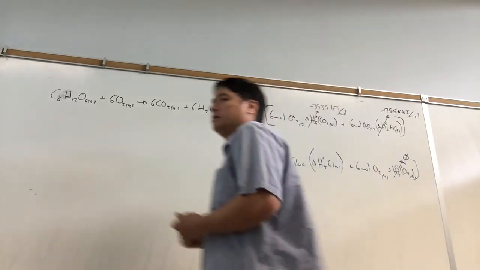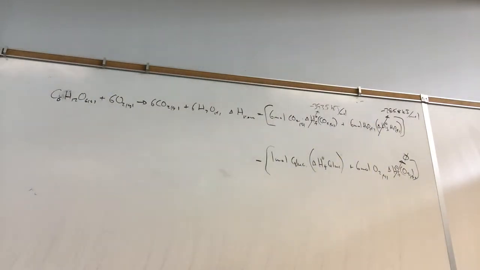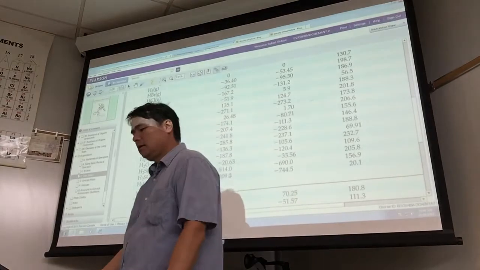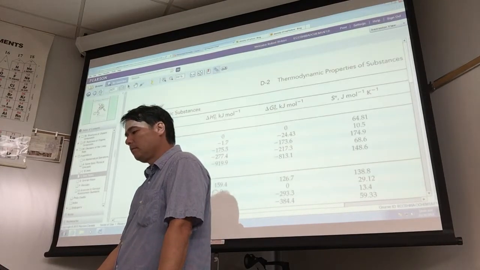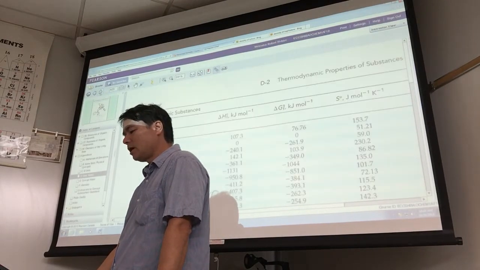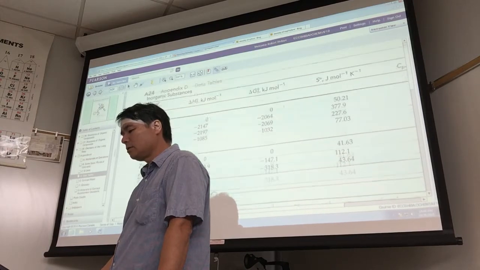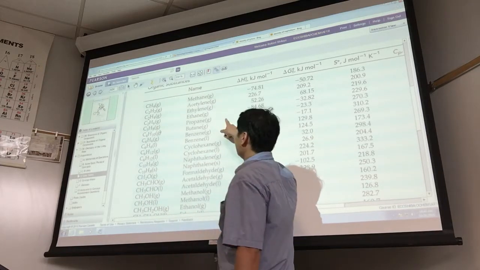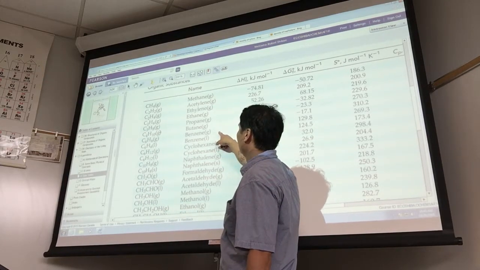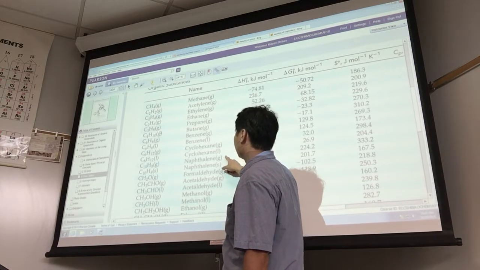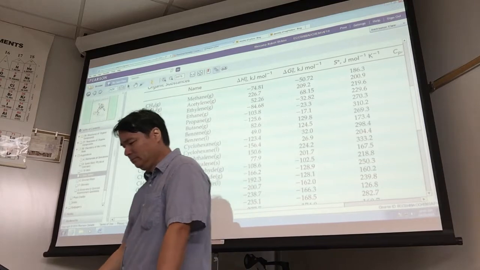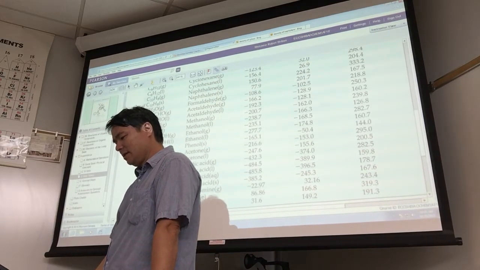And then glucose. Glucose would be carbon, but this table's divided. At the end of this table, they have some organics. Glucose is an organic, so let's look for the organic substances here. Methane, acetylene, ethylene, ethane, propane, butane, benzene, cyclohexane, naphthalene, formaldehyde, acetaldehyde, methanol, ethanol, acetone, acetic acid.